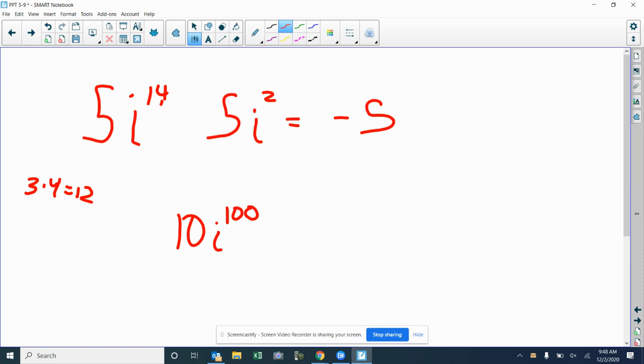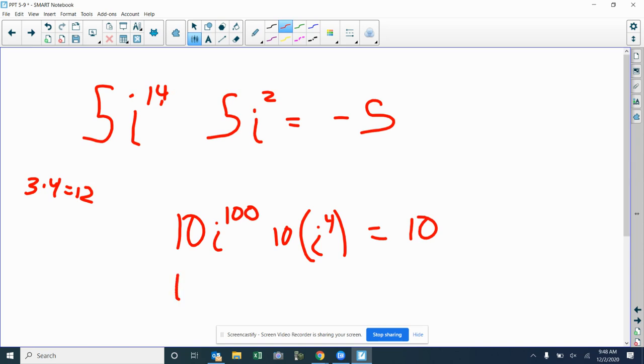Do you get that? So now we're down to 50%. But i to the 100th is really what? Is it i squared or is it i to the 4th? You sure? It is correct. So it's the same as i to the 4th. So we have 10 times i to the 4th. We know i to the 4th is 1, so this ends up being just 10.